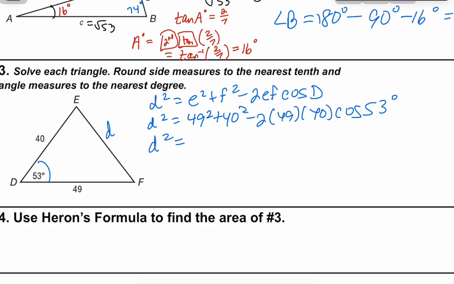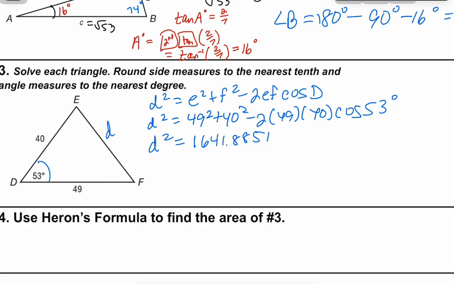Let me do it one more time: 49 squared plus 40 squared minus 2 times 49 times 40 times the cosine of 53. Oh, there we go. We get 1,641.8851. I just wrote it out because I need something on the paper to show you.